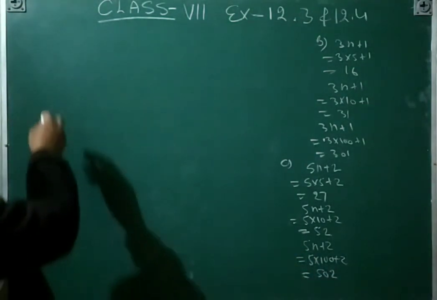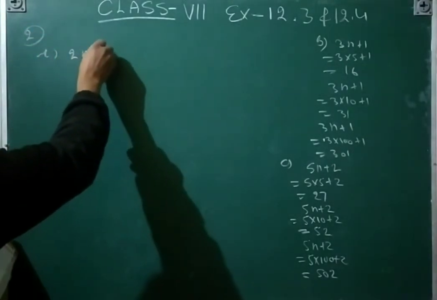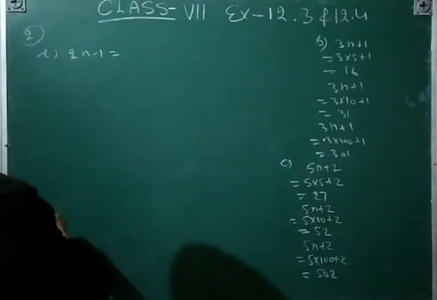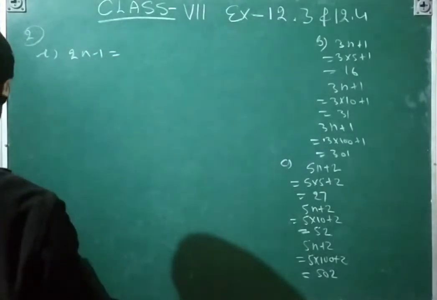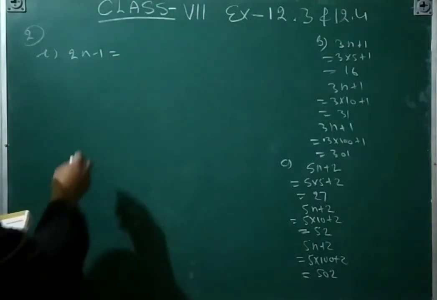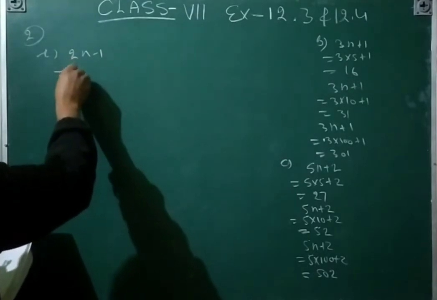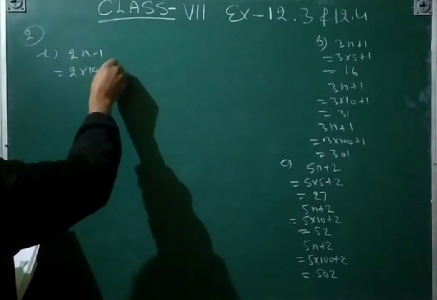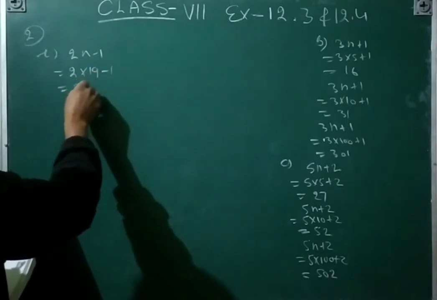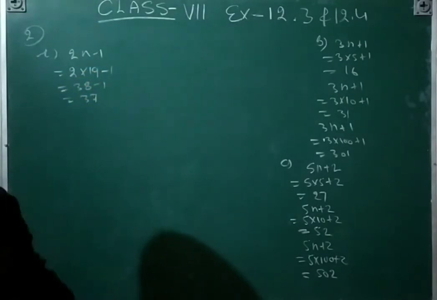The pattern is given as 2n minus 1. It will be for the 19th place and the 100th place. So 2 into 19 minus 1, that is 38 minus 1, which is 37 for the 19th place.